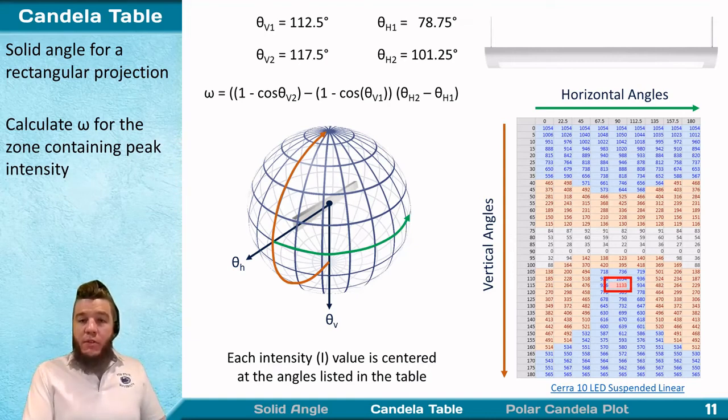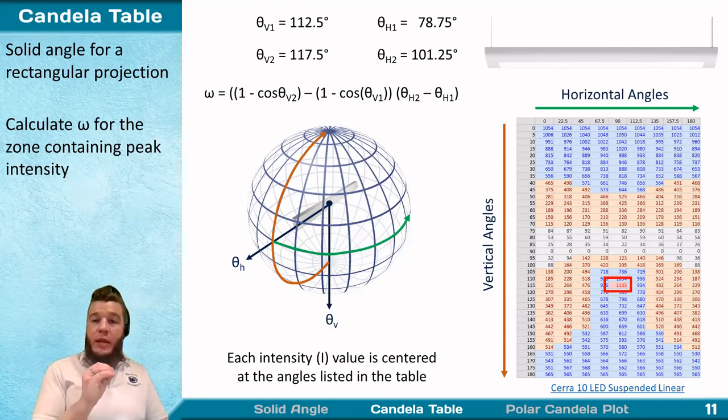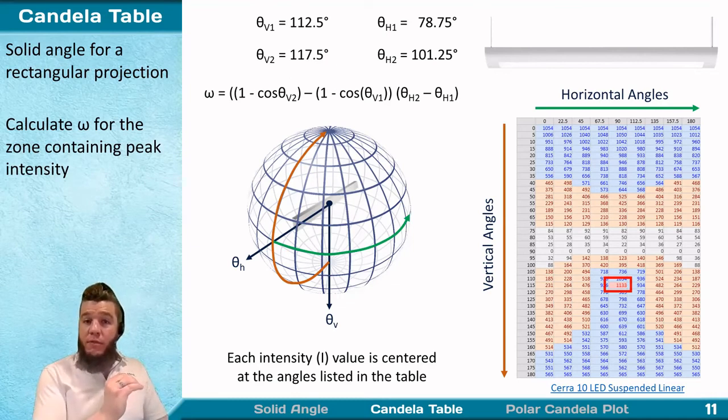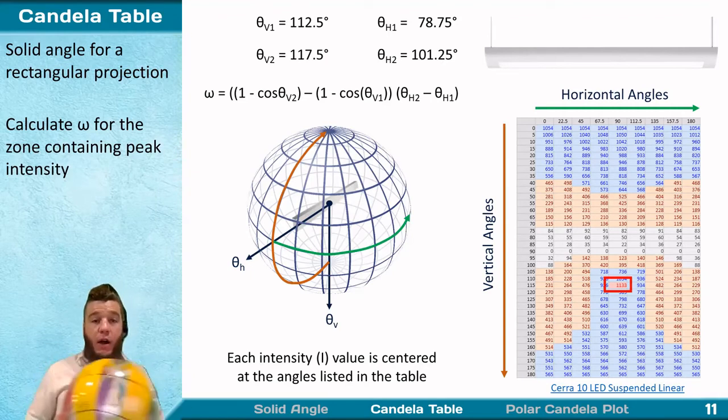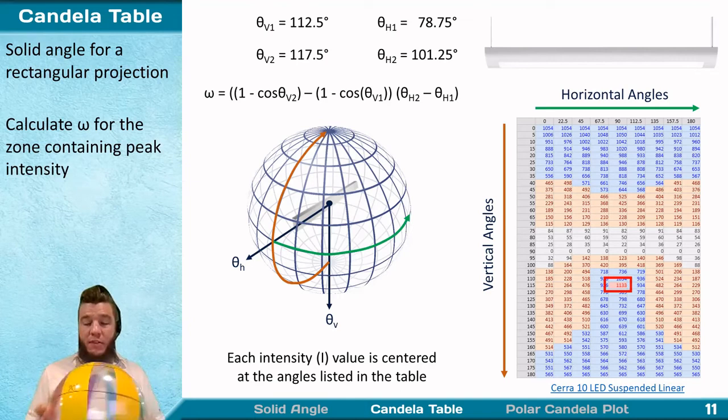We need to go halfway between 90 and 112.5 to get theta horizontal 2, so that's 101.25 degrees. And theta horizontal 1 is halfway between 90 and 67.5. Those are the values we need to plug into the equation, and that's going to give us the solid angle of the location of peak intensity.